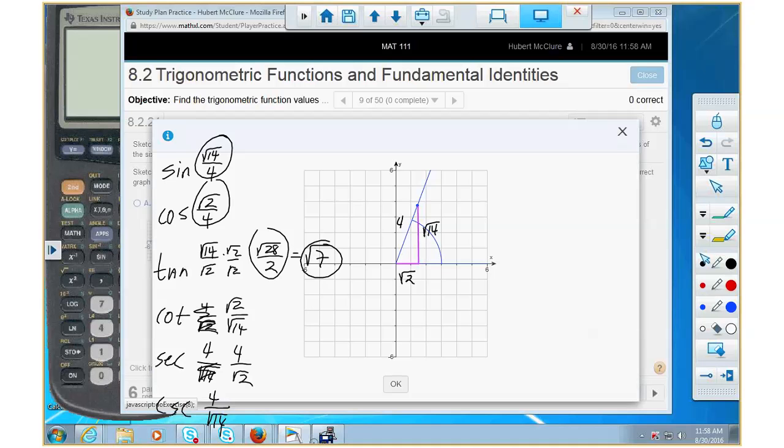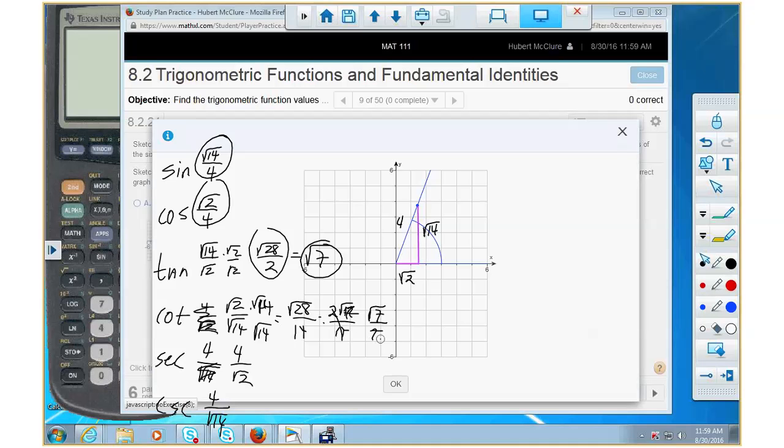Square root of 2 over square root of 14 is equal to square root of 28 over 14, which is going to be equal to 2 square root of 7 over 14, which will be square root of 7 over 7.